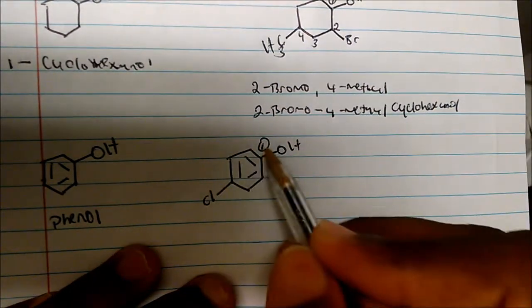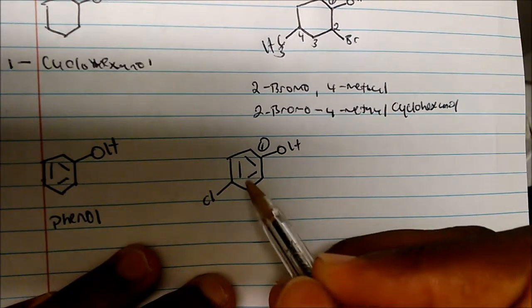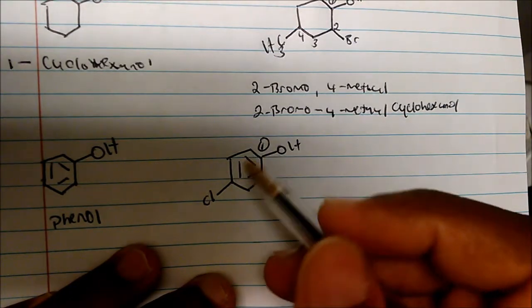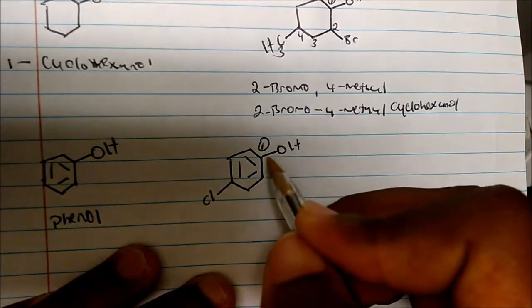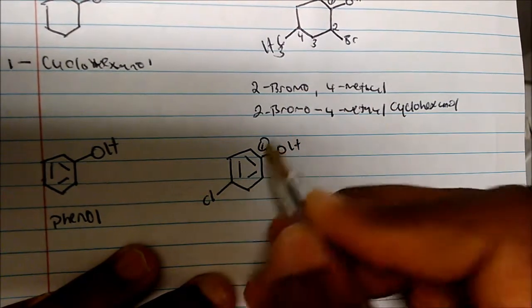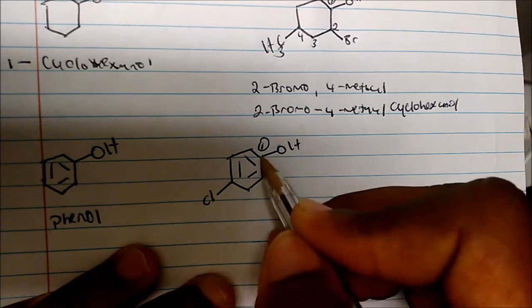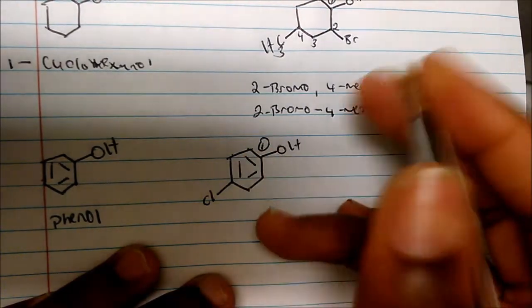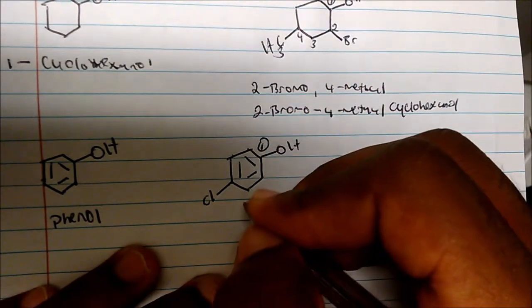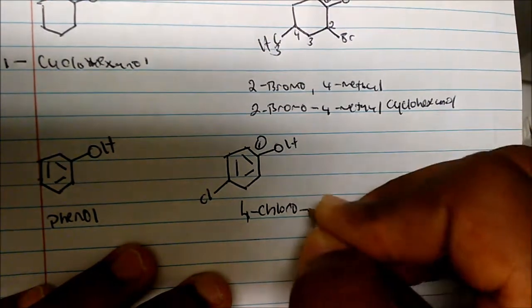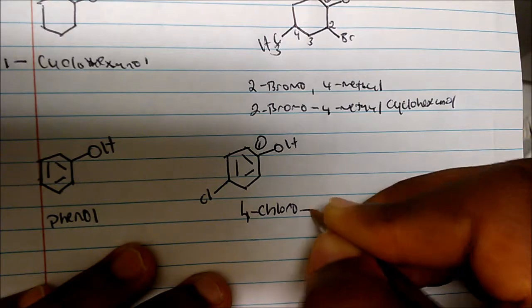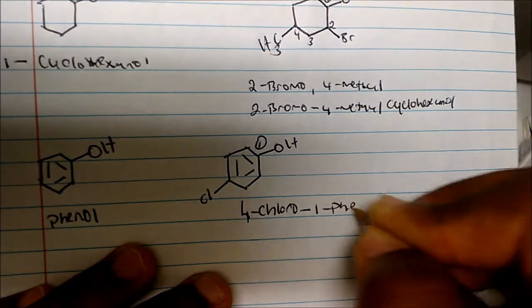And let's see, where could we count to get the lowest number possible for that chlorine group? So we could say, okay, this is 1, 2, 3, 4, or carbon 1, 2, 3, 4. In this case, it doesn't matter. So putting everything together, this would be 4-chloro-1-phenol.